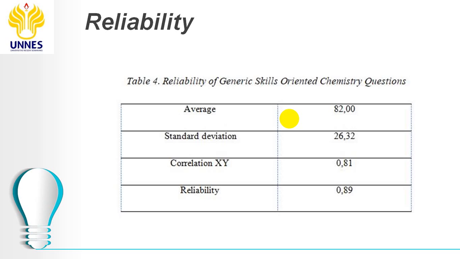According to the criteria used, the value is included in the high category, which is in the range of 0.71 to 0.90. The value of reliability on the scientific scale, or in the chemistry questions, has met the good criteria. The results of the analysis of the chemistry questions using the software can be seen in table 4.